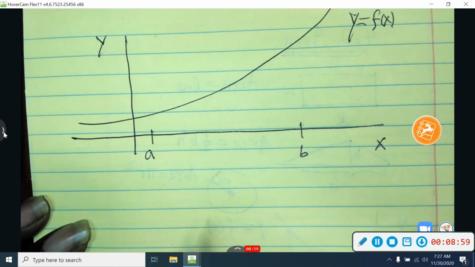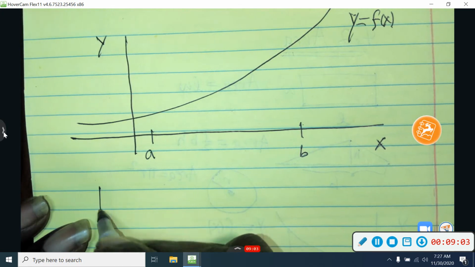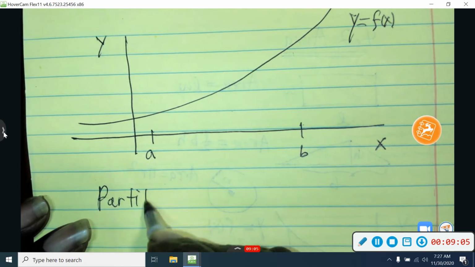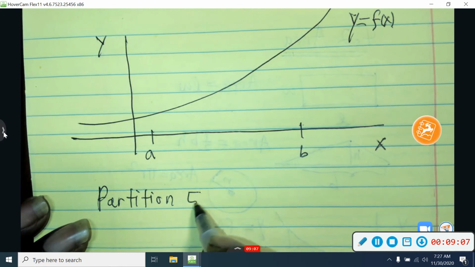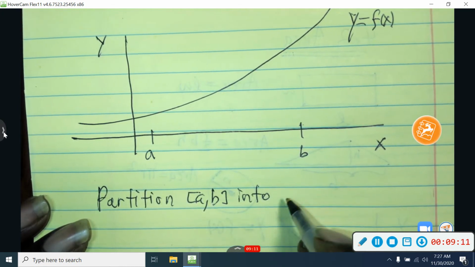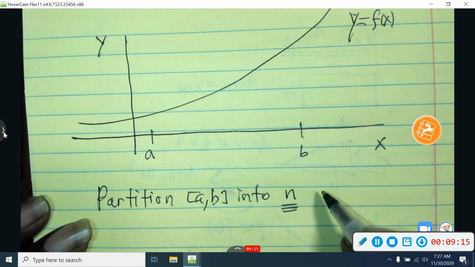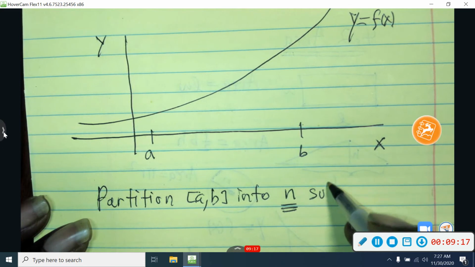Chopping an interval up into pieces is called partitioning the interval. So we partition the interval AB into n subintervals.